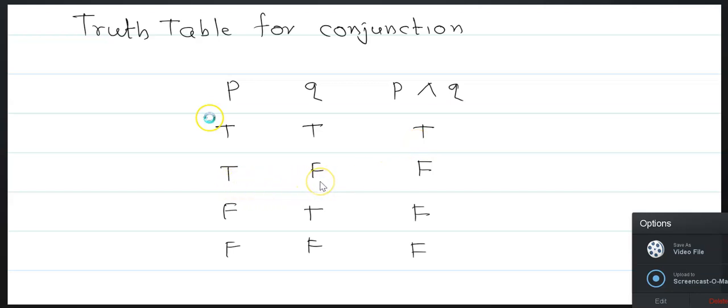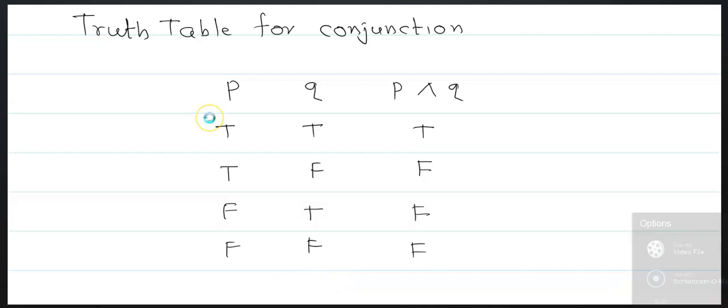Are both of them true here? No. Therefore it is false. Both true? No. Therefore it is false. Therefore, to remember the AND table, you have to remember only one trick. What is that trick? If both of them are true, then it is true, otherwise false. Here both of them are true, therefore it is true. Both true? No. False. No. False. No. False. Okay. Next.